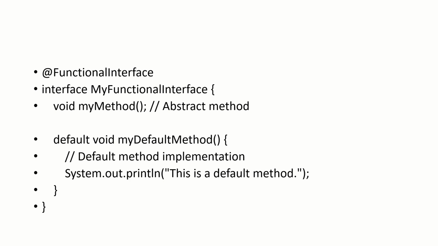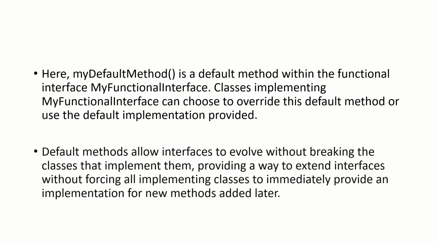You can see we have created this default method, default void my default method, and we have printed out that this is a default method. Similarly, you can bring out the default method inside the functional interface, and you can create n number of default methods in the functional interfaces. Now, here my default method is the default method within the functional interface, my functional interface.